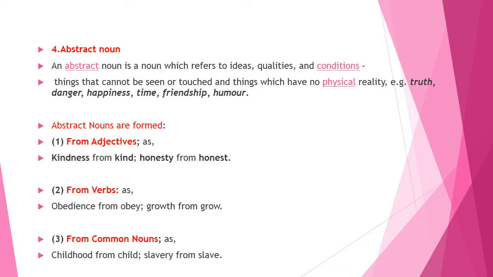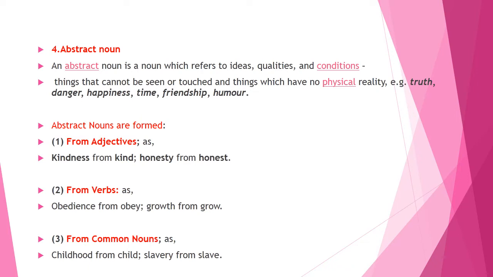So we can form abstract nouns from these adjectives as kindness and honesty. Honesty from honest and kindness from kind. In this way we can form abstract nouns from adjectives.